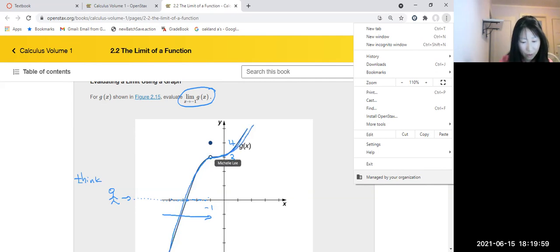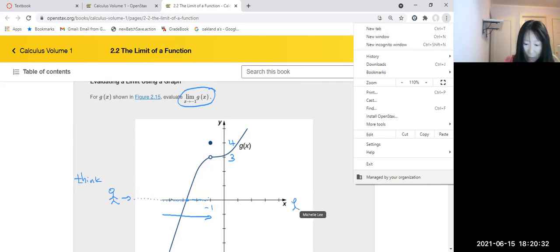Okay, I see what you mean. So it's 3 because we're going along the line of the graph coming from the left side, getting closer and closer to 3, even if it doesn't touch, right? That's correct. Along the line of the graph from the right, it's the same. It's approaching 3. So that's the answer, right?